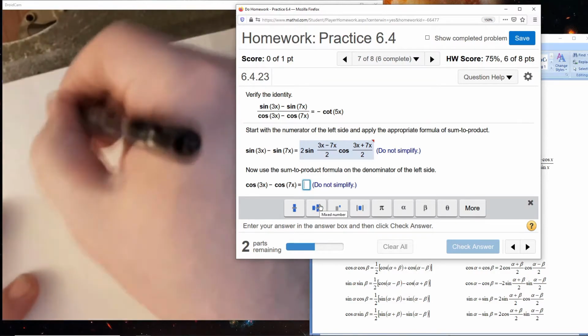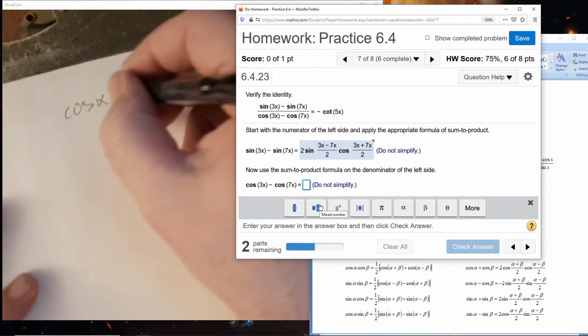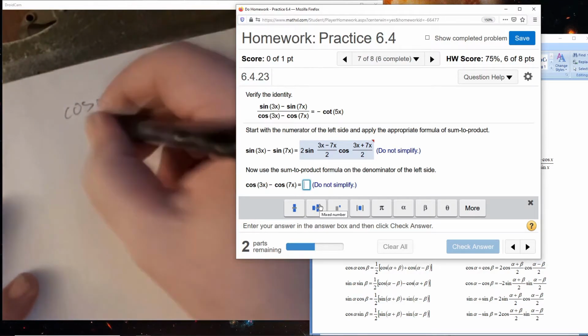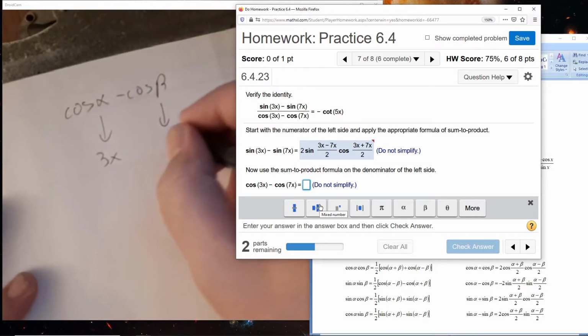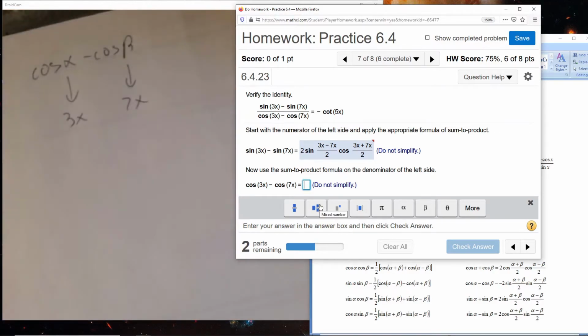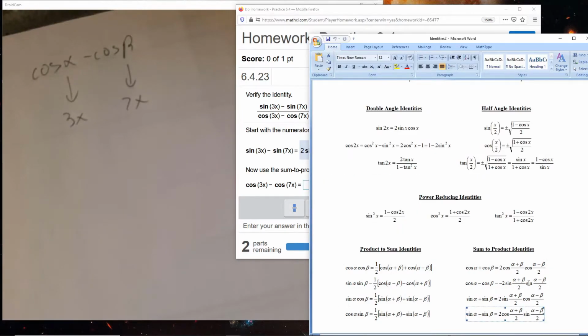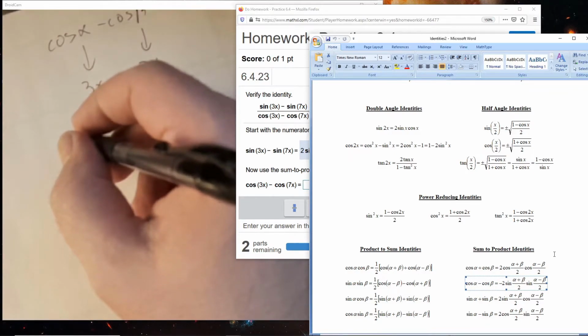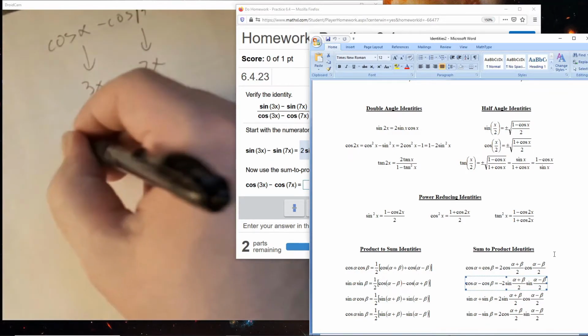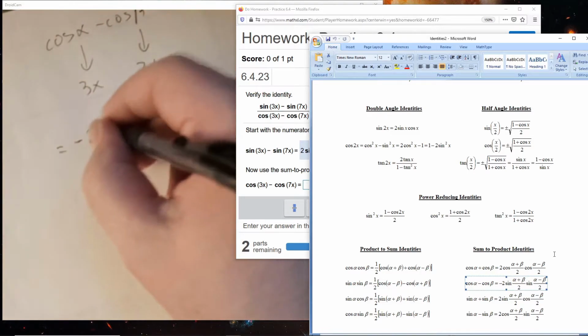So we got cosine of some number, another number, alpha, beta, cosine minus cosine. That is the second one. That one does have a minus sign in it.